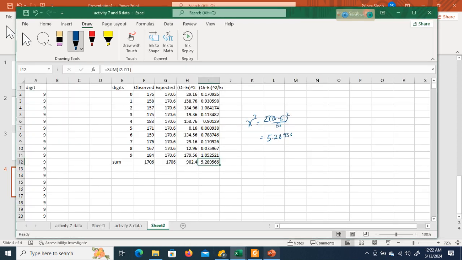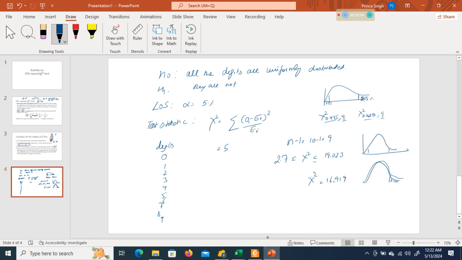And we have seen from the table itself that this value falls between these two numbers, right? Because the calculated chi-square value falls between the tabulated values 2.7 and 19.023, it means that the null hypothesis is accepted.